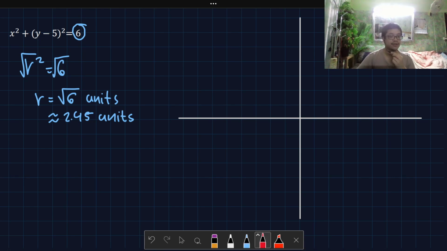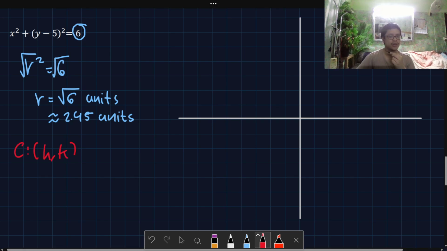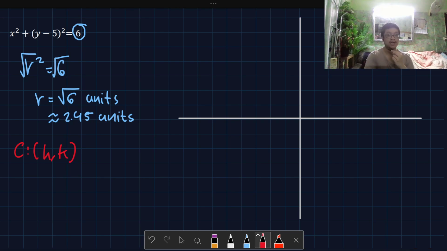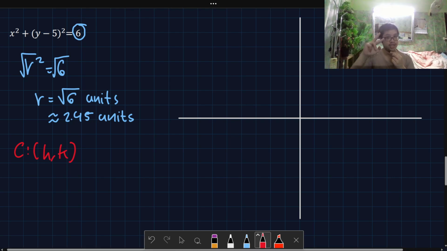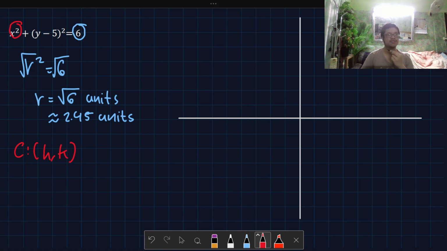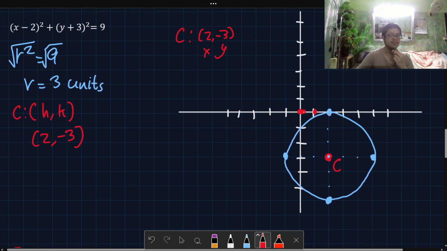Now let's find your center. So your center here again is (h, k). So what to do if you're going to find (h, k)? Just switch the signs. Look at x squared here. x squared is just x squared. There's no number beside x, just x squared. Not like the recent example we just solved, like x minus 2.